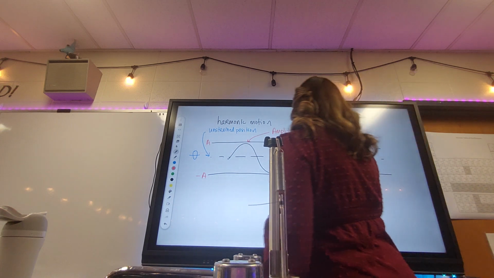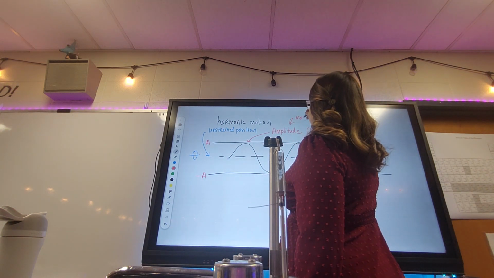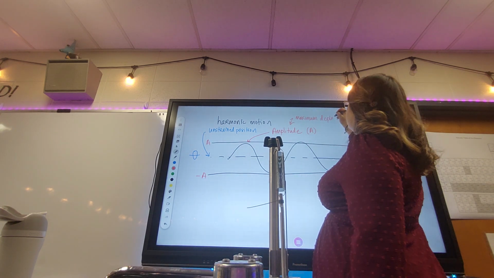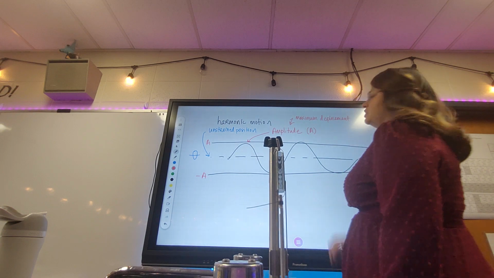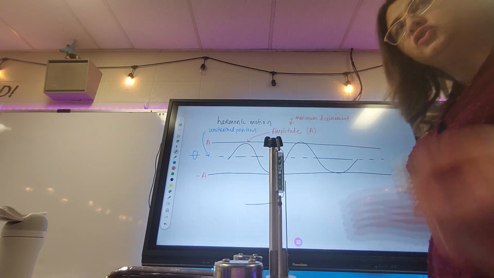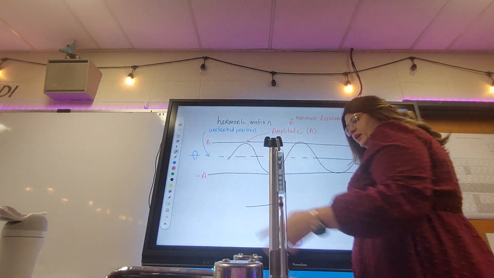Okay. And so we're going to pretend that that doesn't happen though. Yes. So A is amplitude, and that is also known as the maximum displacement, because you're never going to be able to get your spring to go any higher or lower than these points on that pretend graph that we made.